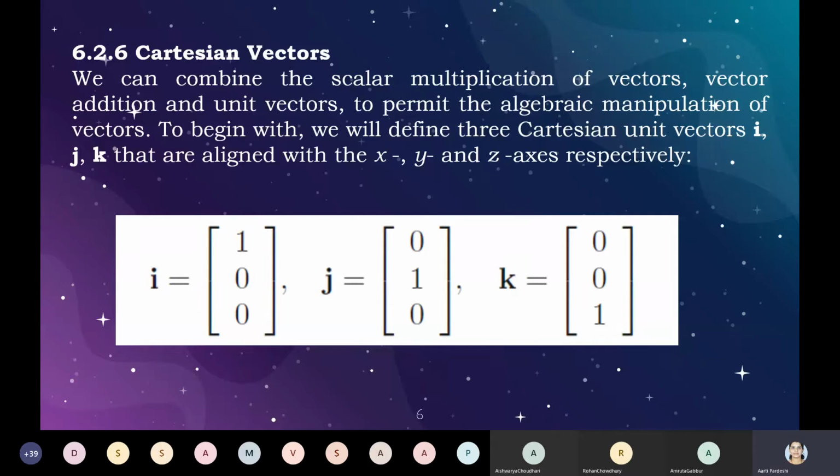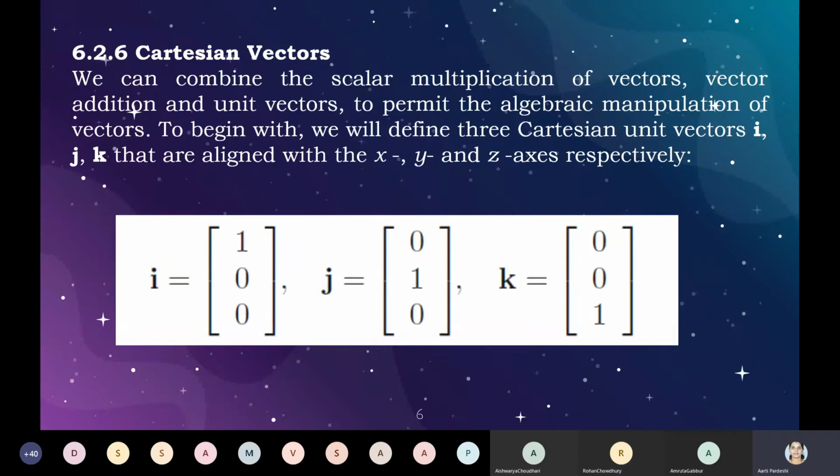Here you can observe the unit vectors are also known as Cartesian vectors. Okay, so i, j and k. René Descartes, who designed the Cartesian coordinate system, referred to these as unit vectors, or Cartesian vectors also.